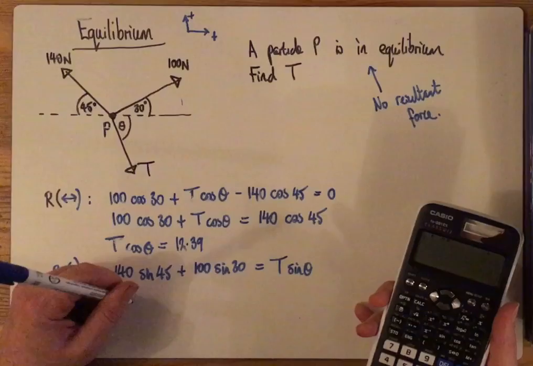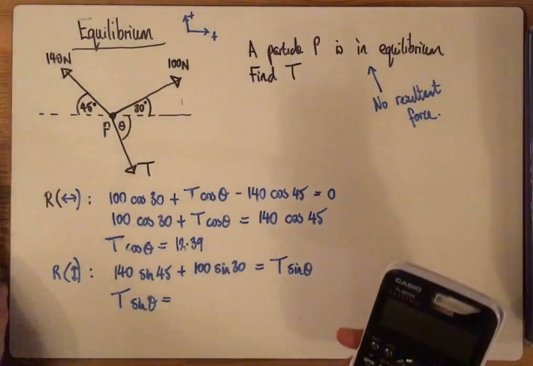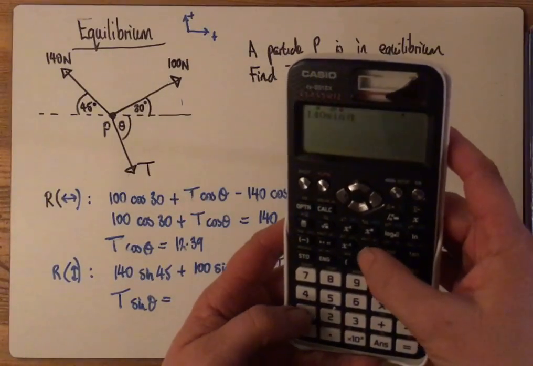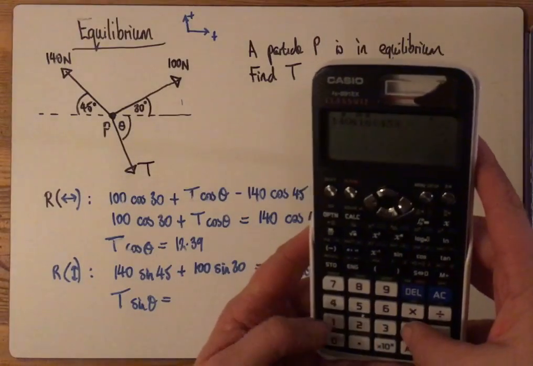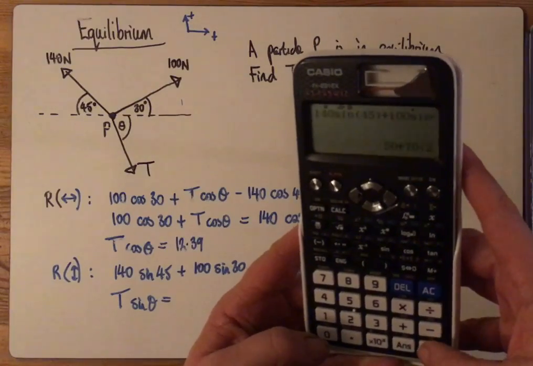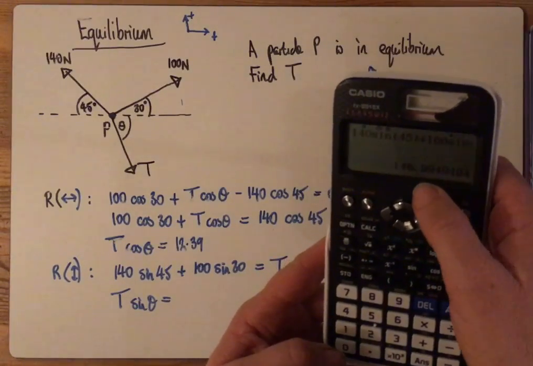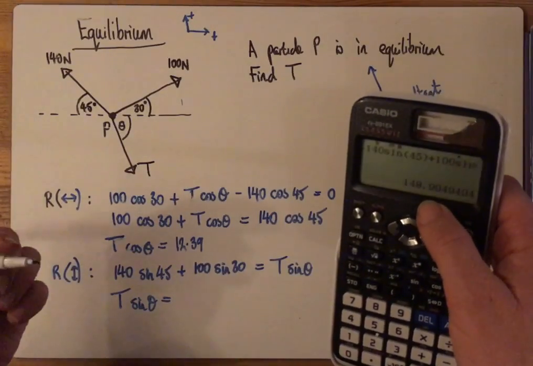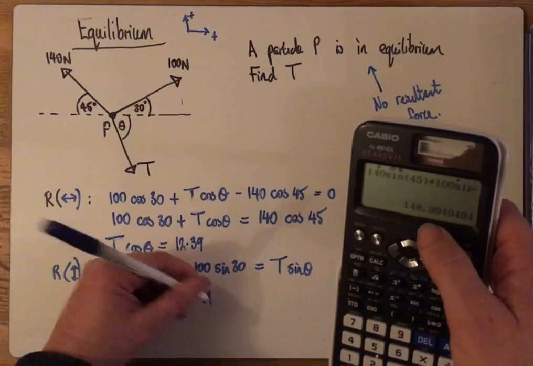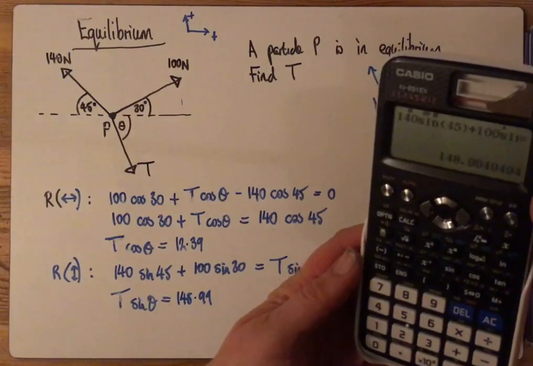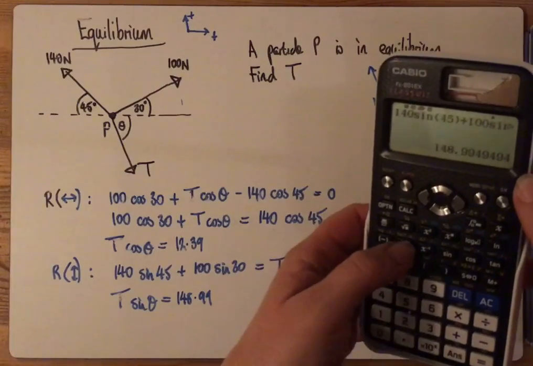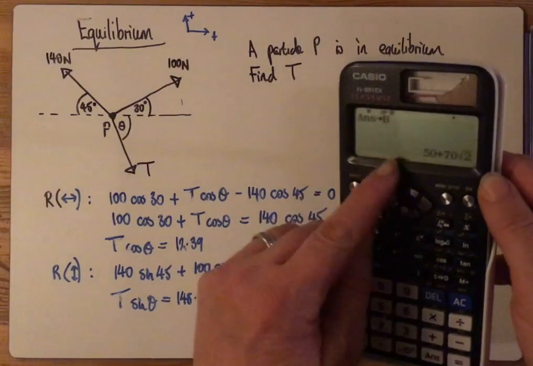And so I now have t sine theta, and again putting that into my calculator. So I'm going to do 140 sine 45 plus 100 sine 30. That's 148.99. But I can literally just store that now. So I'm going to do store, and then there's a little red B on the top right of that button. So that's now stored to B.